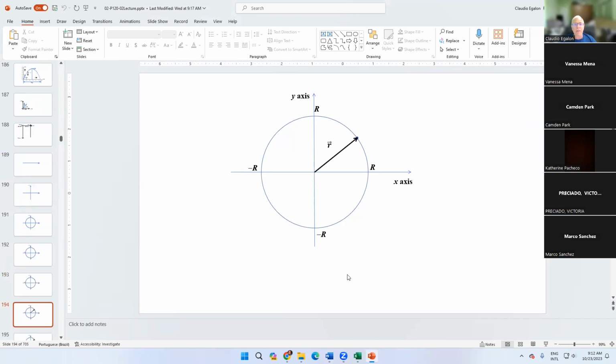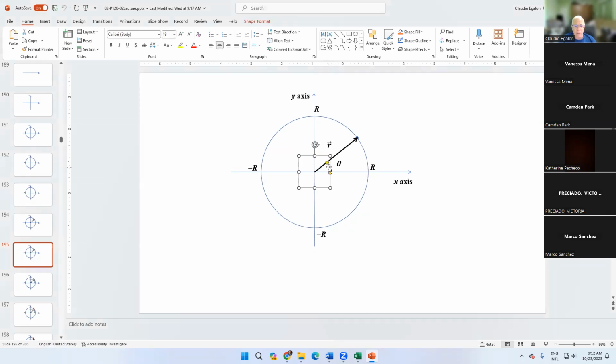What you see right here is the position vector r, which by the way doesn't change. This is in the polar coordinate system. The first coordinate of the polar coordinate system goes from the origin to the point on the circle, and theta is the second coordinate of your polar coordinate system.